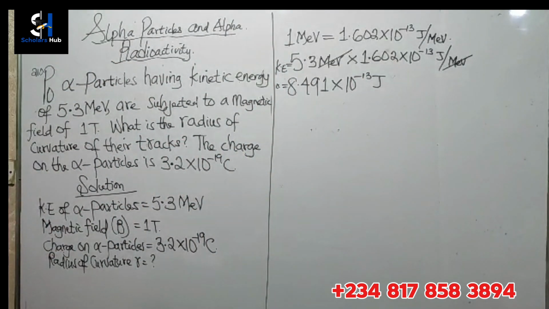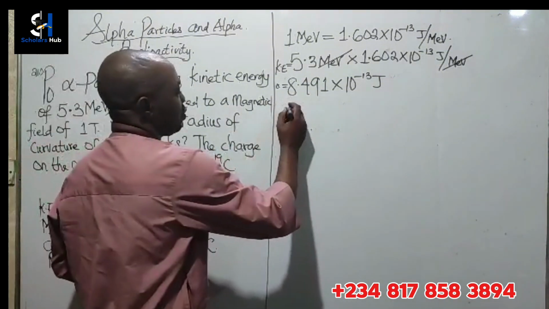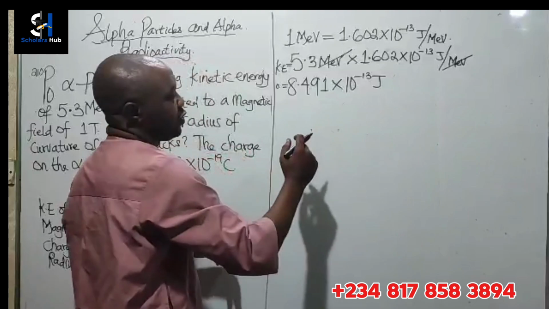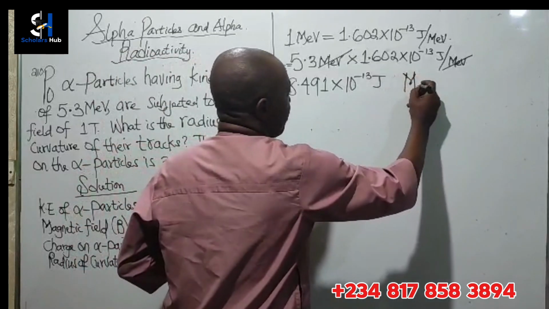So to be able to calculate the radius of curvature, don't forget that here we are given the charge on the alpha particle, and we know the mass of the alpha particle from my previous video.